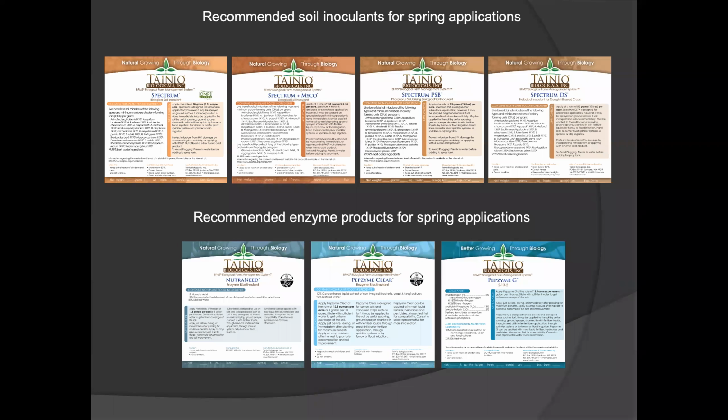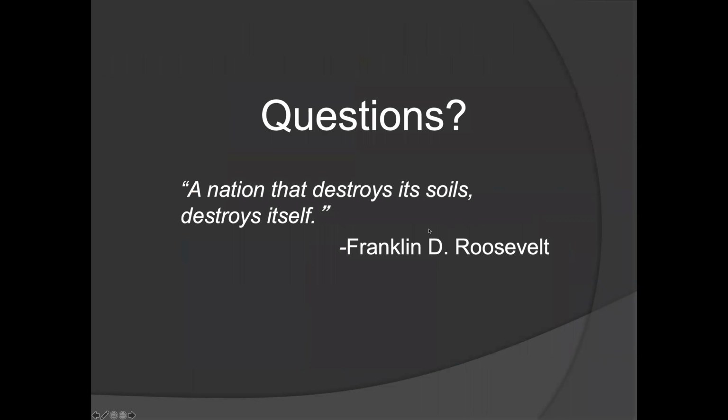So basically we just need to determine what kind of things we need to do for that soil. And my dad used to love this Franklin Roosevelt saying: a nation that destroys its soils destroys itself. So if we have any questions, now would be a good time to ask.